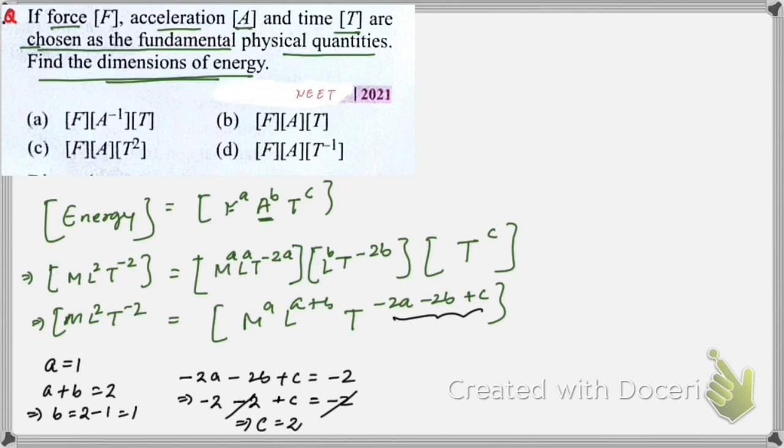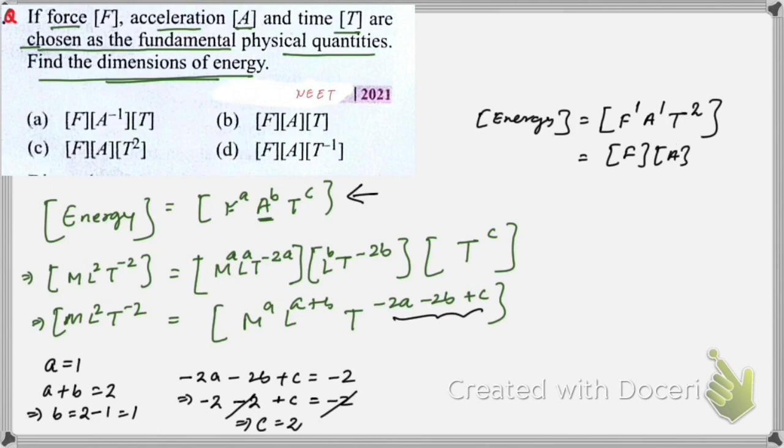So if you put the values of a, b, c here, the dimensional formula of energy in terms of F, A and T is F to the power 1, A to the power 1, T to the power 2.